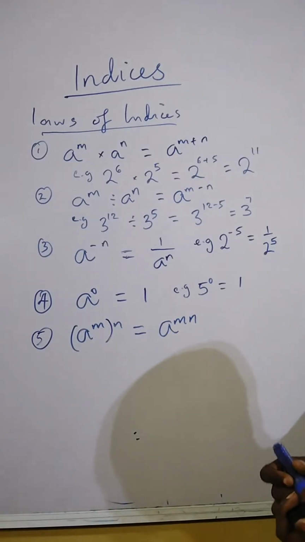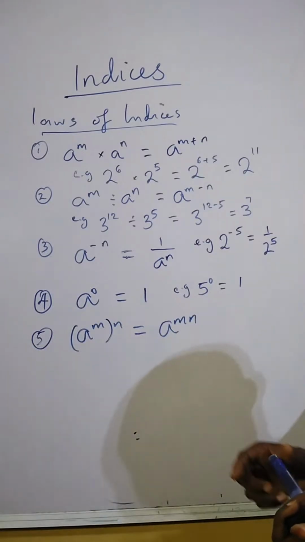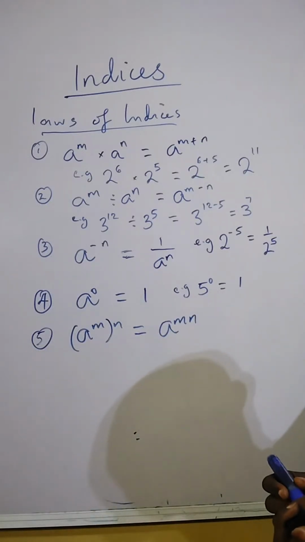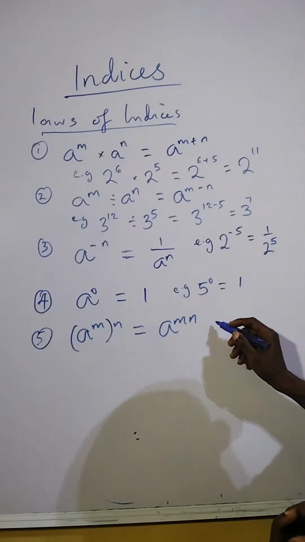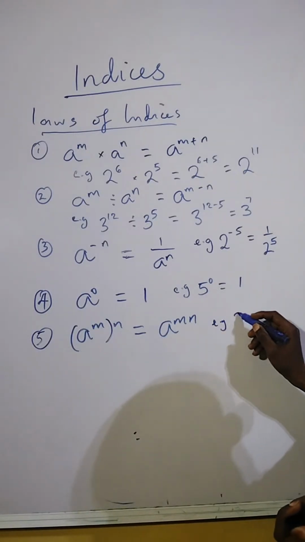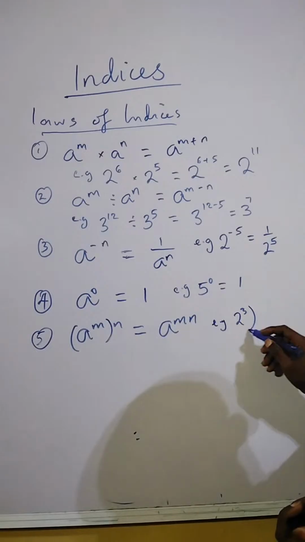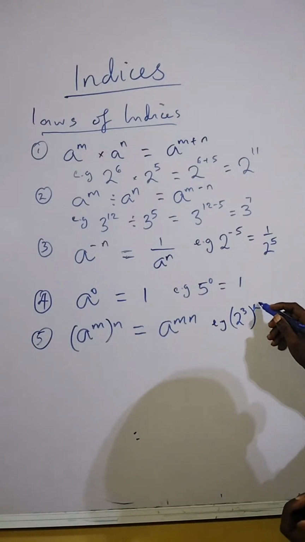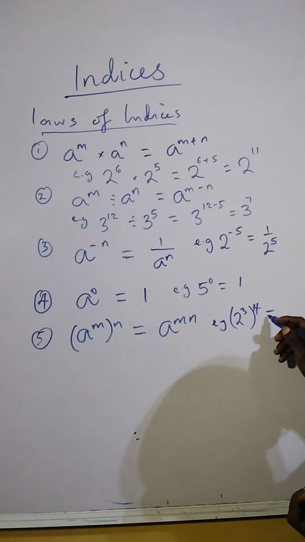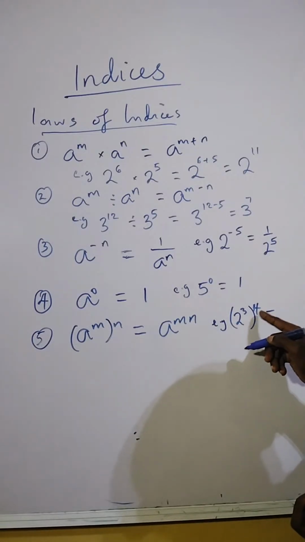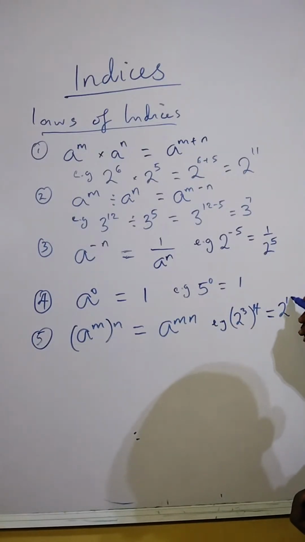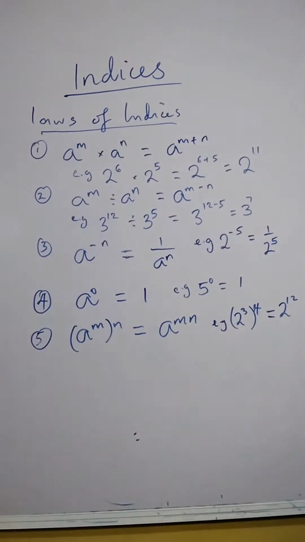So this power multiplies. It's multiplication. The powers multiply. E.g., when we have 2 raised to power 3, all raised to power 4, these two numbers here multiply and we have 2 raised to power 12. So that is that for that.